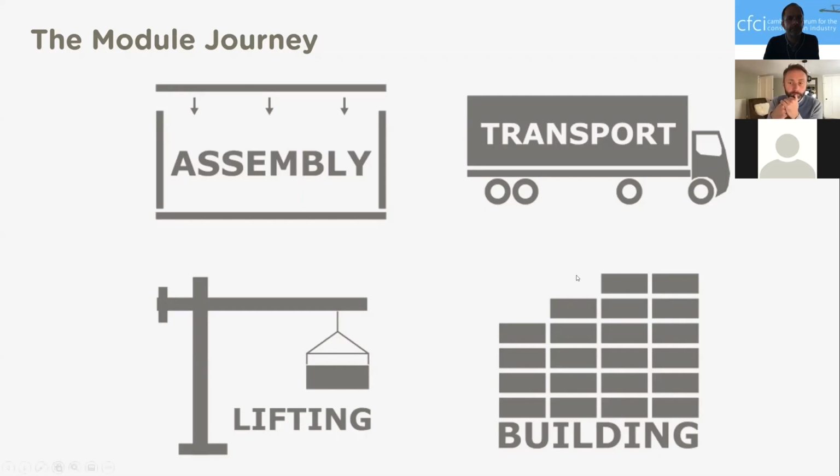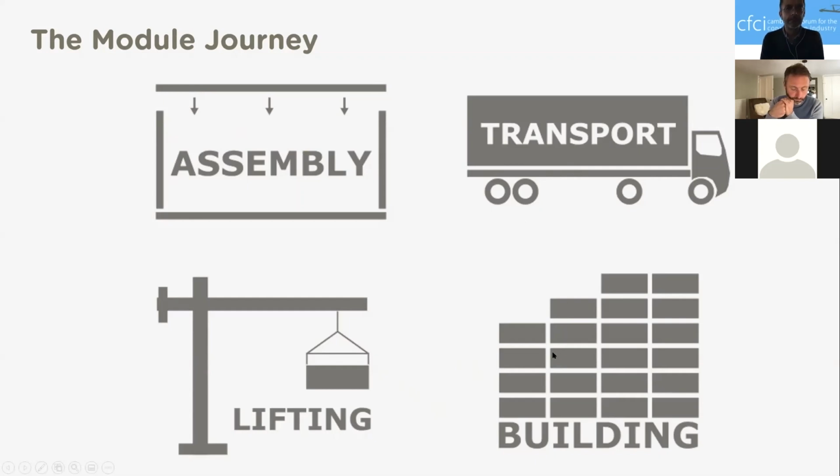What we're probably less sure about is how that's going to be assembled. What's the impact on our module when we lift it from the assembly line into the back of a lorry, we drive it, so there are some loads on it there, to site and lift it again, but in much different conditions than we've lifted before.